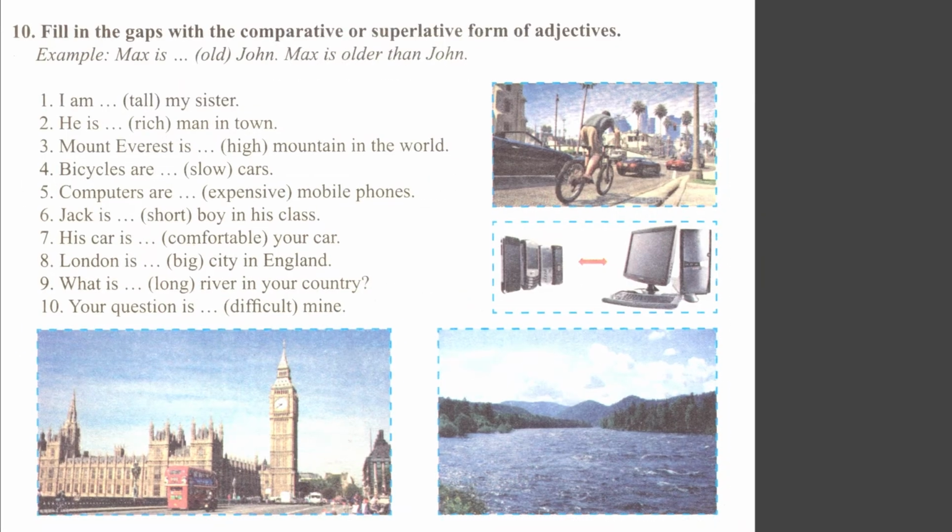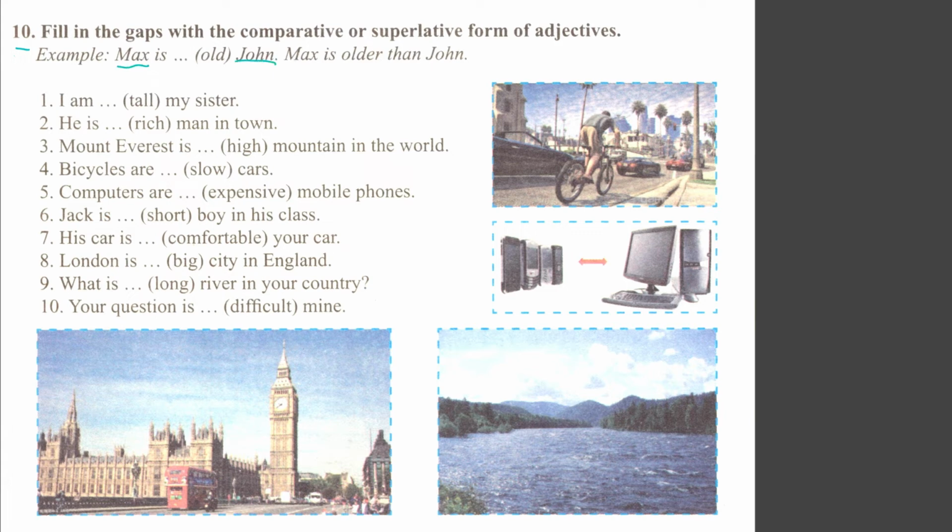Okay, so the next activity is exercise 10 in the book. And in this activity, we are going to decide whether the sentence needs a comparative or superlative form of the adjective. So in the example, Max is blank John with the adjective old. We have 2 people, Max and John.